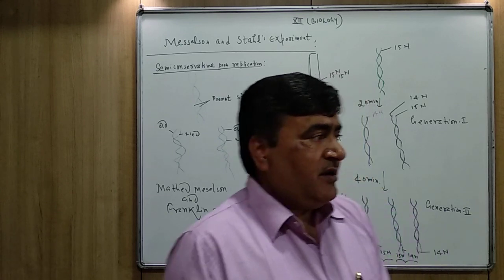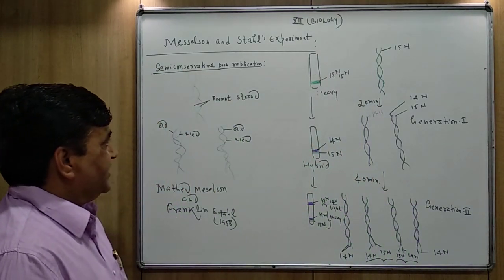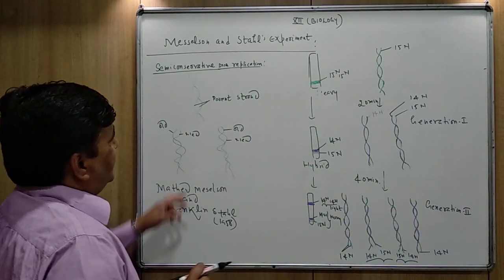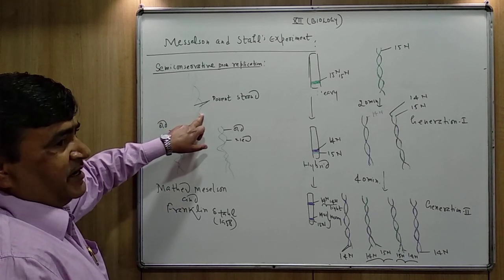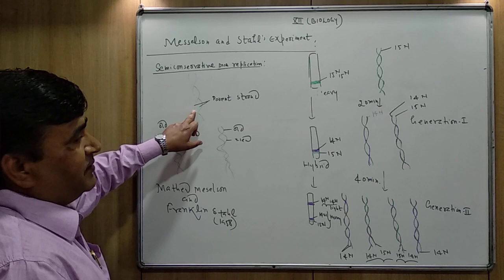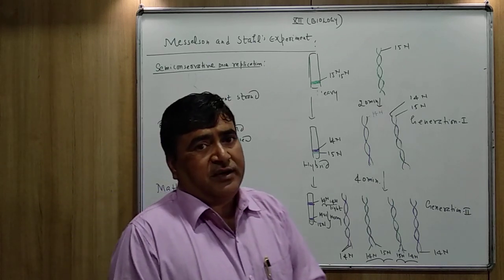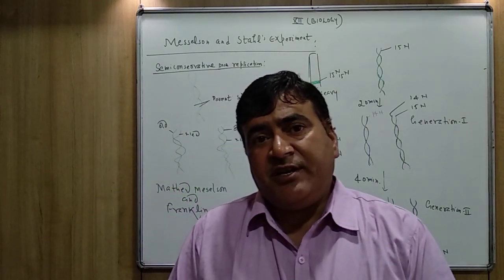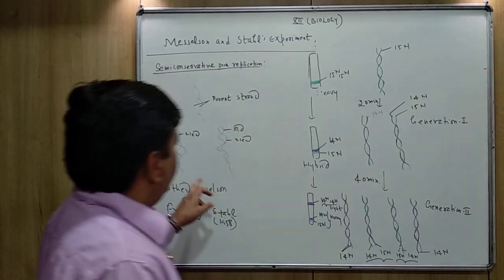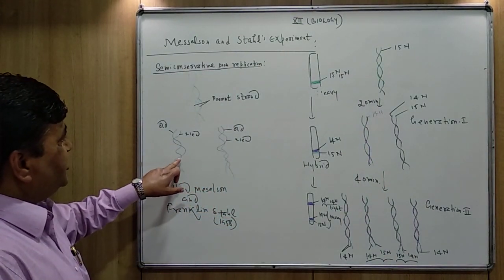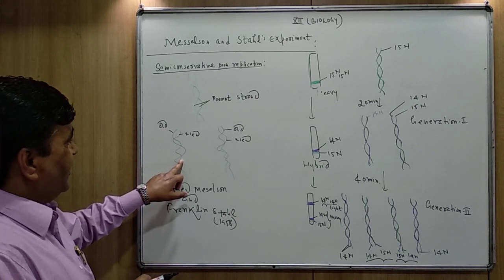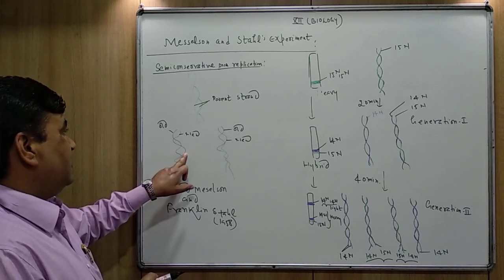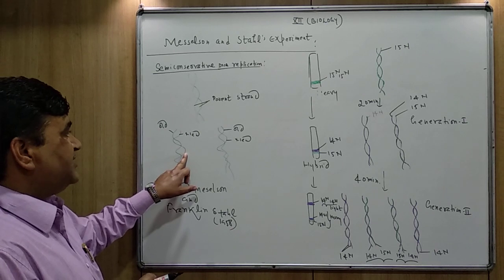In the semi-conservative mode of the replication, when the double-stranded DNA is going to synthesize the new strand, the newly synthesized strand has one parent DNA strand, and one strand is newly synthesized.